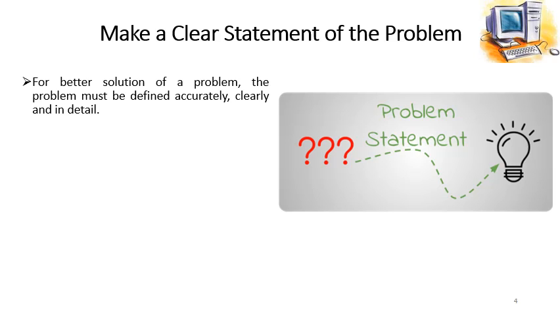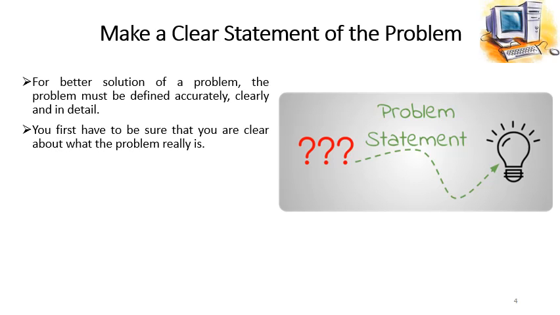Each and every major or minor detail of the problem must be explained and described properly. You first have to be sure that you are clear about what the problem really is. It is said that a problem well defined is half solved. So this sentence shows the importance of a clear statement of the problem.